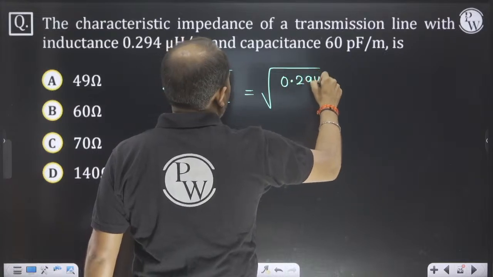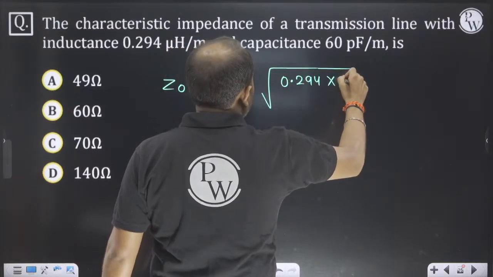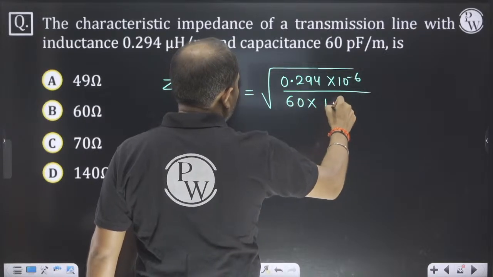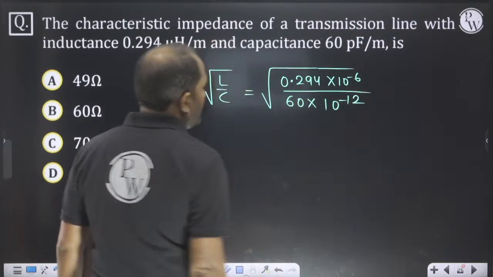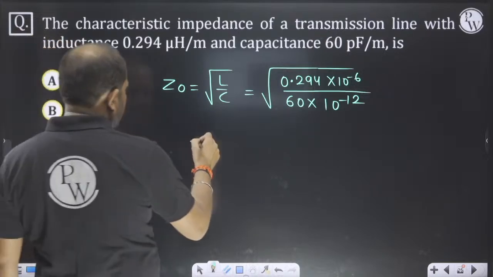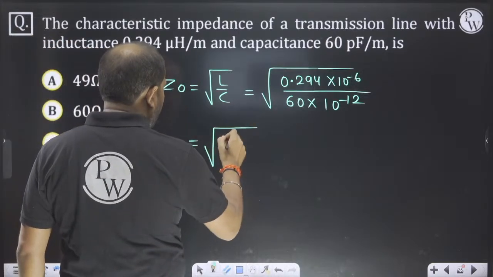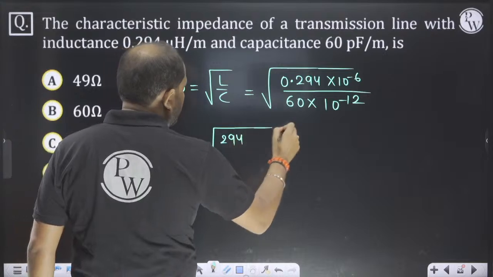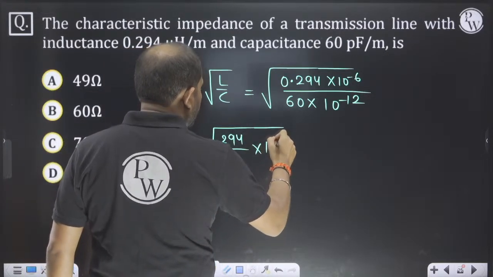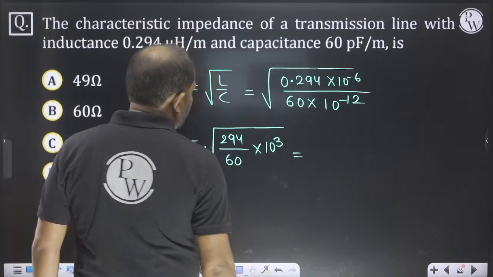0.294 microhenry, that means 10 to the power minus 6. Just figure out the value in SI format, then it is very easy to calculate. So 294 divided by 6 into 10 to the power 3 into 10 to the power 3.